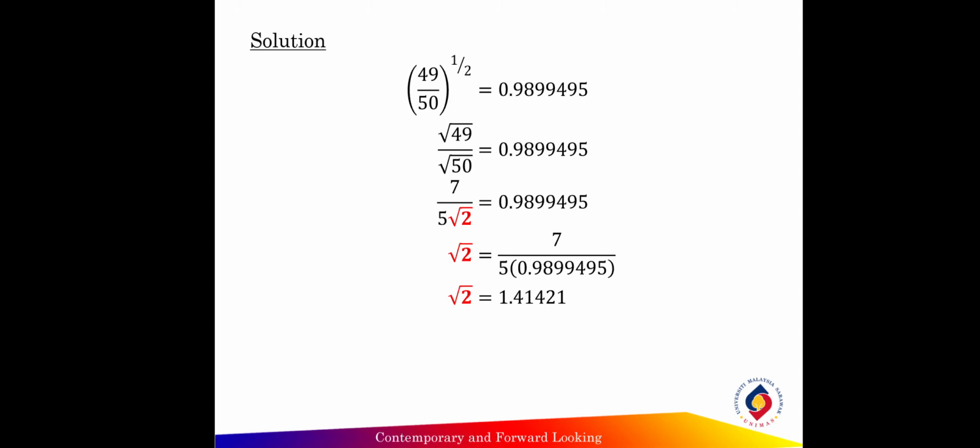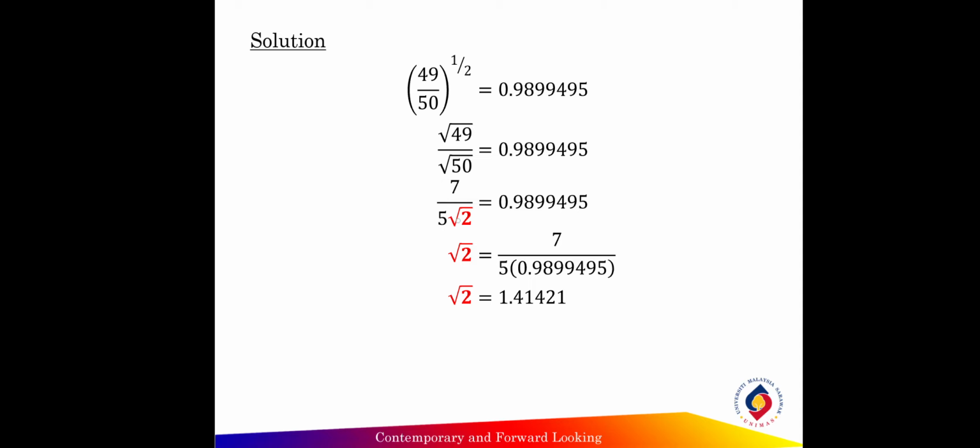0.9899495. Then from square root 49 and square root 50, you will find that square root 50 will give square root 2. Square root 49 gives 7.